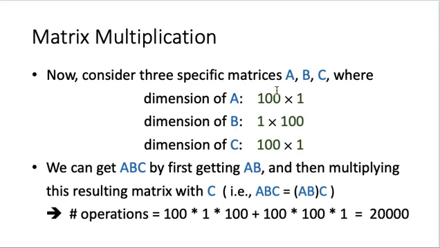Once we have AB, we have a 100 by 100 matrix, and to multiply it with C we need another 100 times 100 times 1 operations. So in total, it is 20,000 operations.